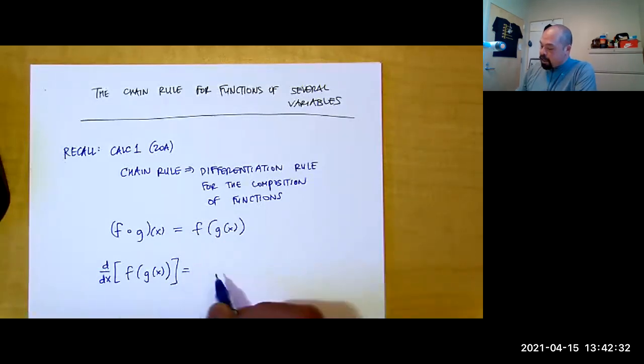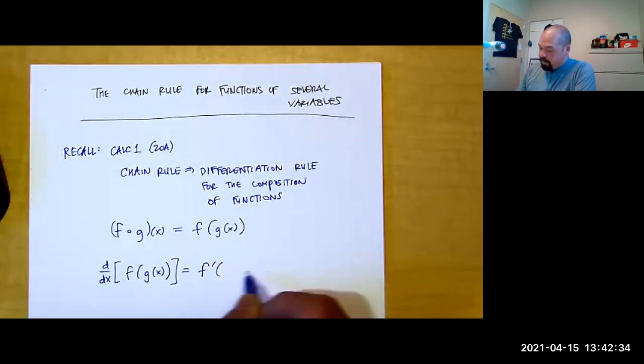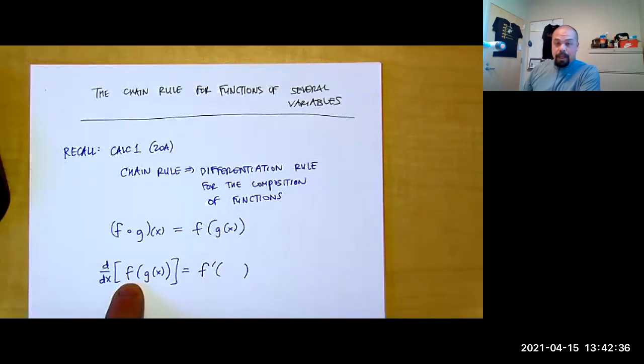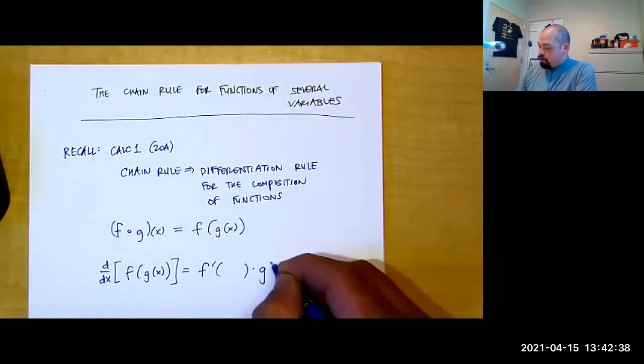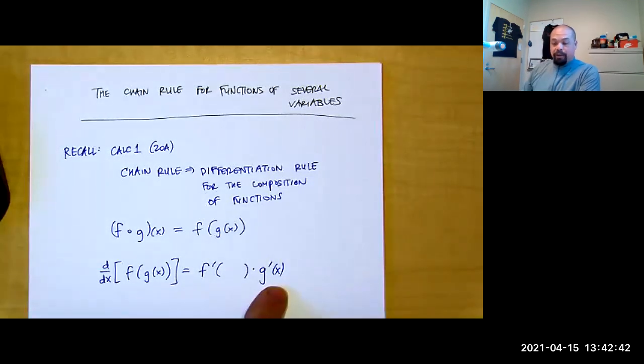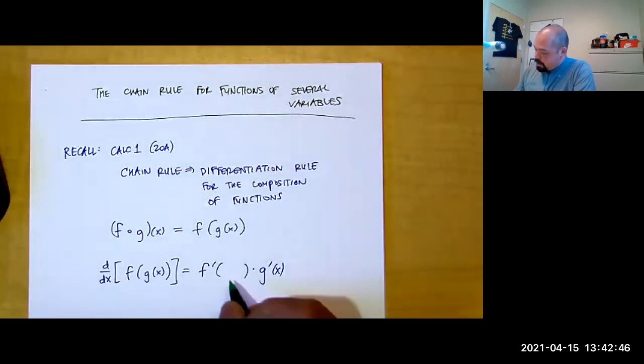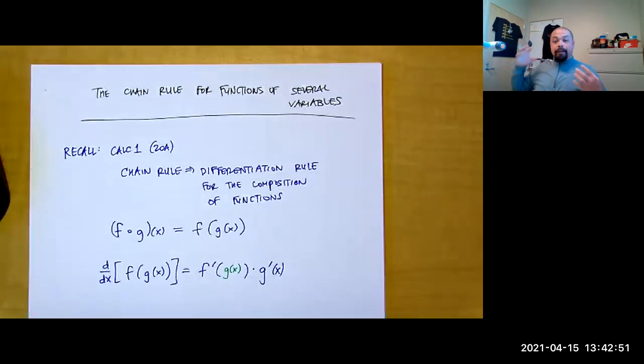And so when we did that derivative, right, remember we would take f prime, the derivative of the outer function, and then multiply by g prime of x, right, that inner function's derivative. And we maintained that same kind of interior expression, that interior function, that derivative of the outer f prime depends on g of x still.